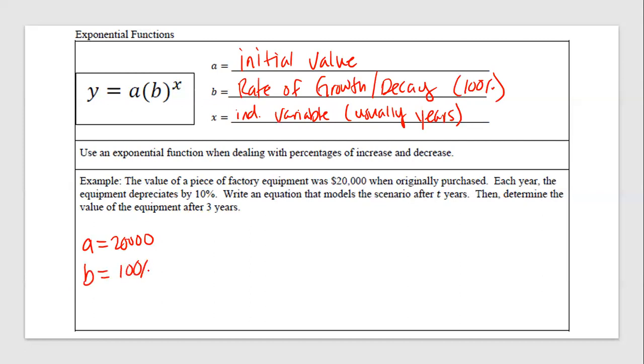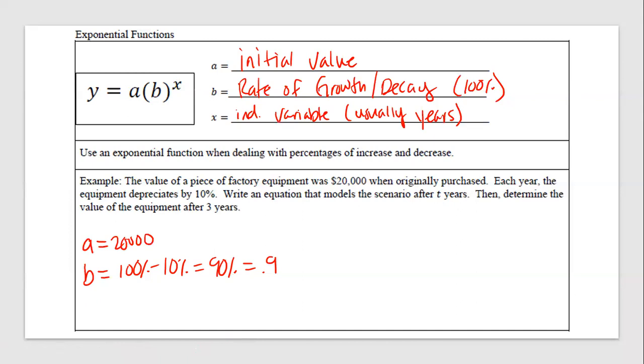So it's 100%. It's depreciating, so minus 10%, which just makes it 90%. Okay. What is 90% as a decimal? 0.9. So that's our b. 100% minus 10%. So for depreciation, we're subtracting from 100%.